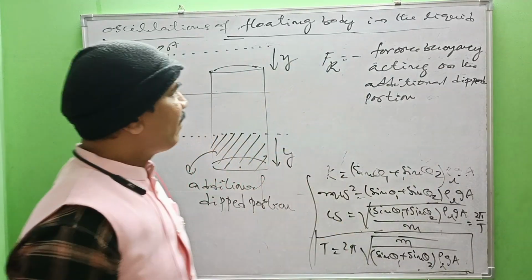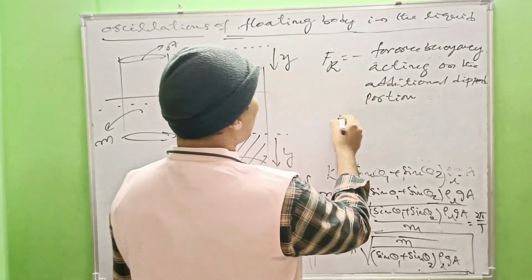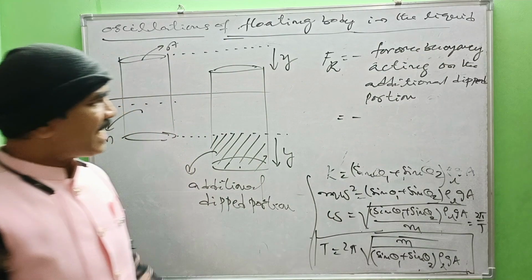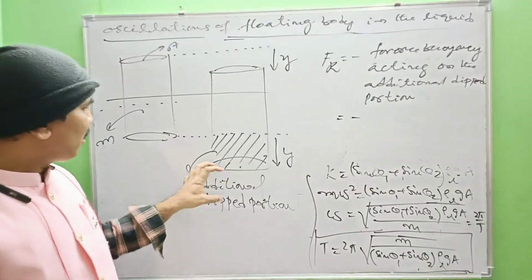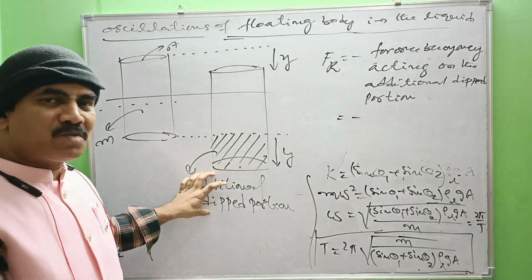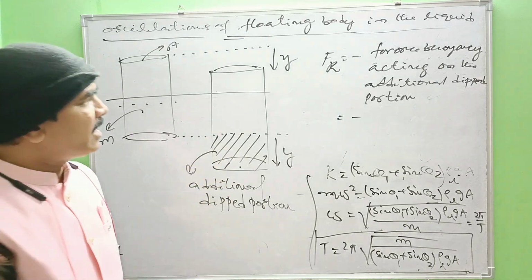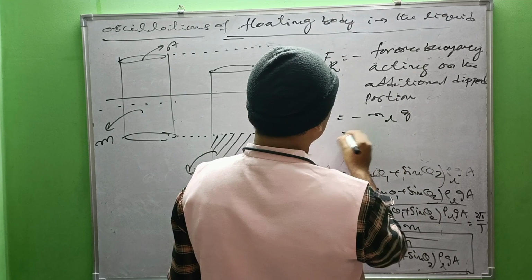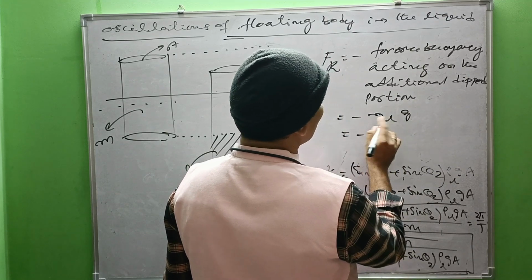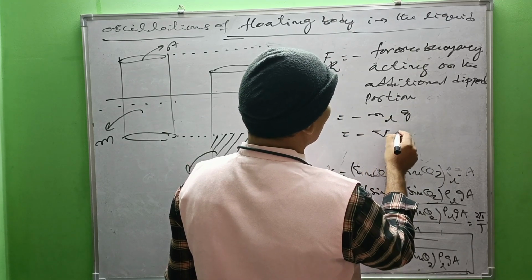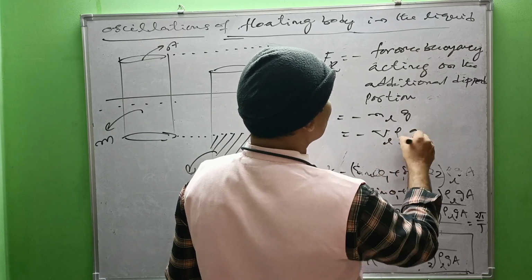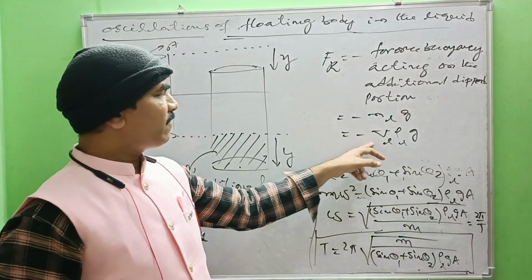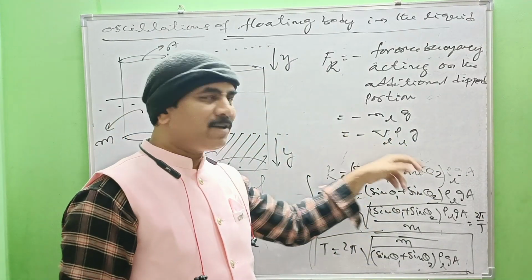That is Fr equals minus. What is the expression for force of buoyancy? In general, this is numerically equal to the weight of the liquid displaced, m L g, which is equal to mass, that is volume into density of liquid, V L rho L g. Why? Because mass equals volume into density.